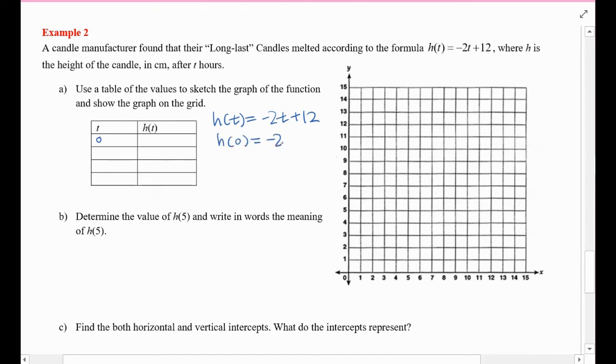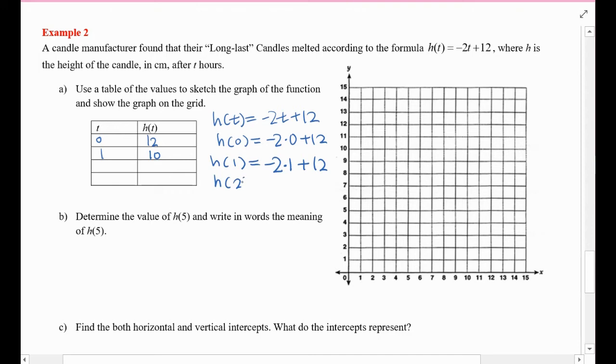If T is 0, what is H of T? That is -2 times 0 plus 12, which is 12, right? When T is 1, -2 times 1 is -2, plus 12 is 10.